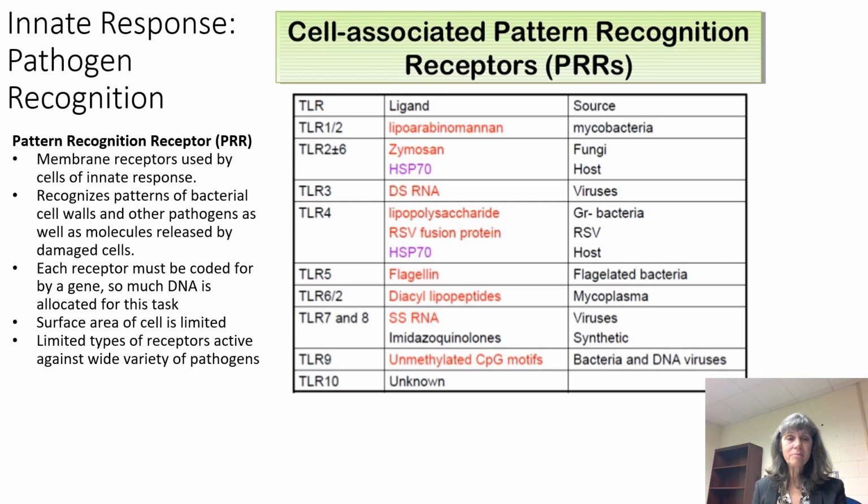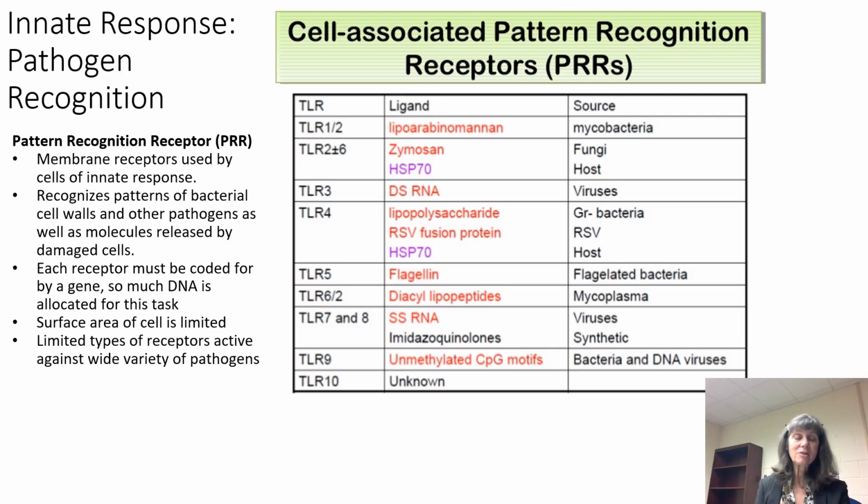It's limited because a lot of DNA is required to produce them, and also the surface area of our cells is limited. So the strategy of these receptors does not really compare to the specificity and response that our adaptive immune response can create.